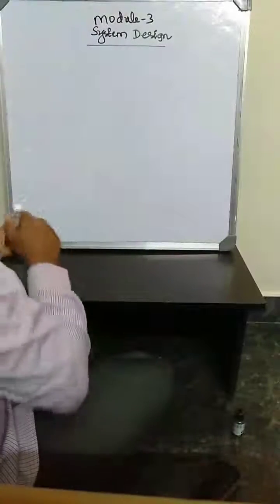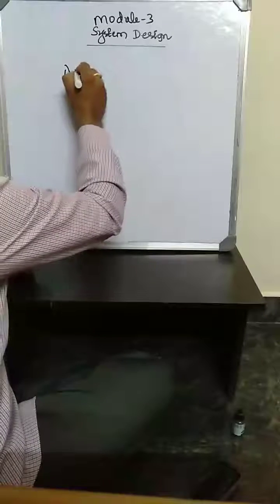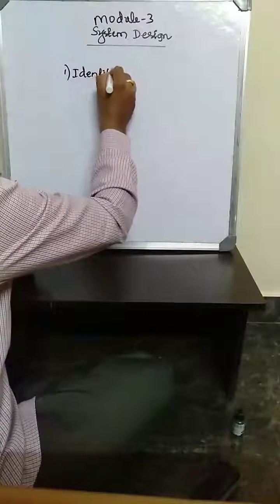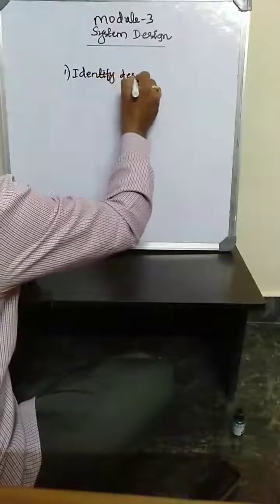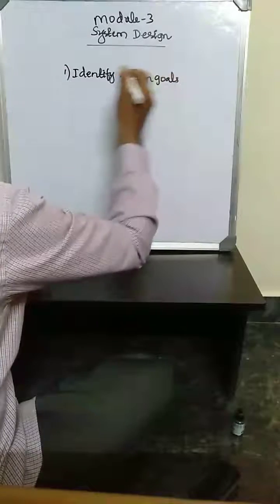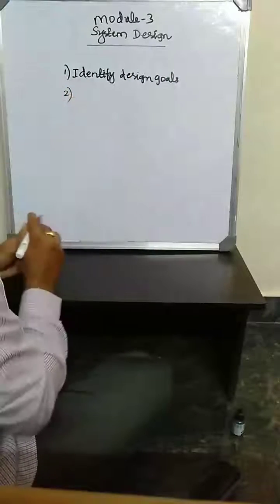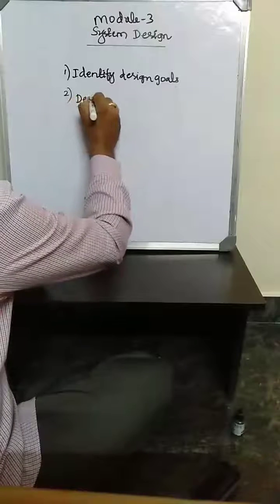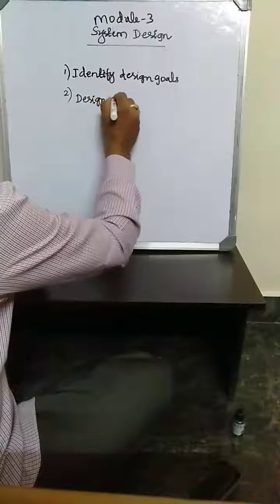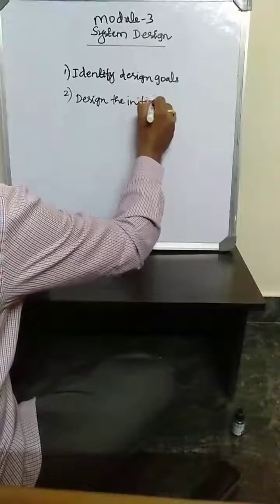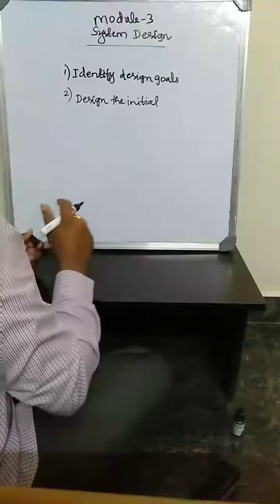First is identify design goals. First what you have to do is identify the design goals. That is the first one. And the second one is to design the initial subsystem decomposition.